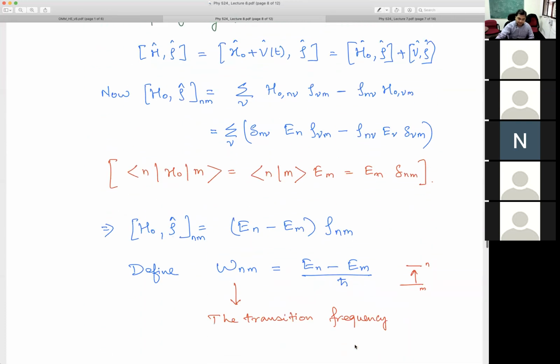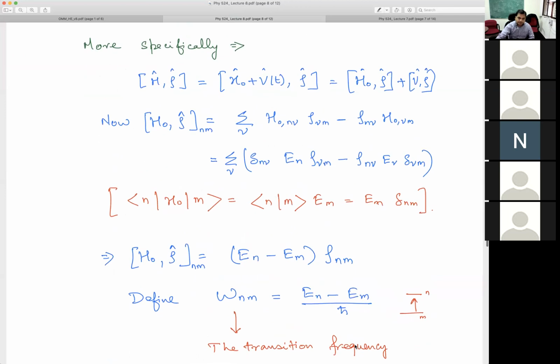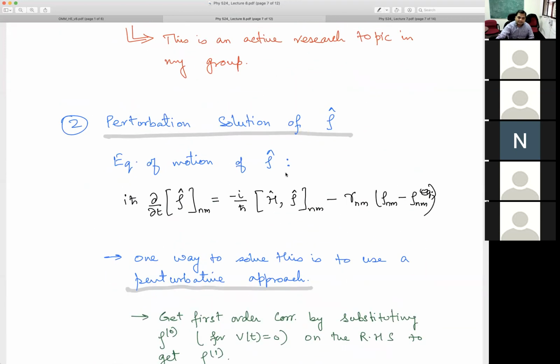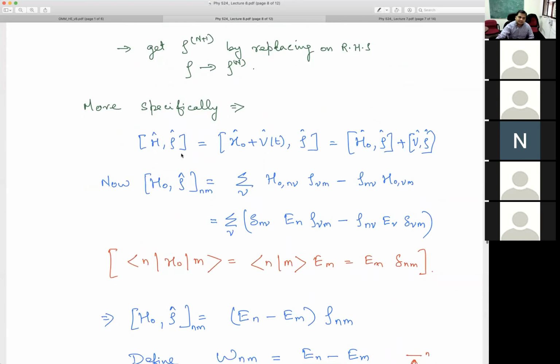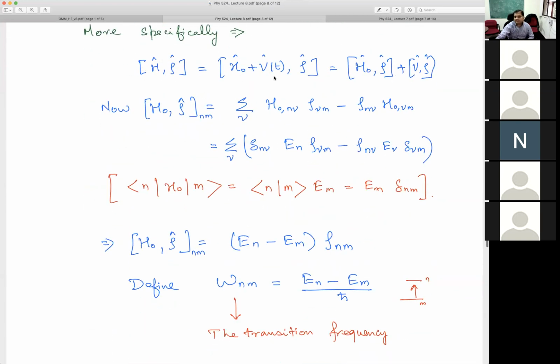Okay. But before we go, here's some minor algebra. We will encounter a term of the form commutator of H with rho, etc. So let me remind you that H was a combination of H naught and V(t), right? So I can write down this commutator as the H naught, rho commutator plus the V, rho commutator. Okay.